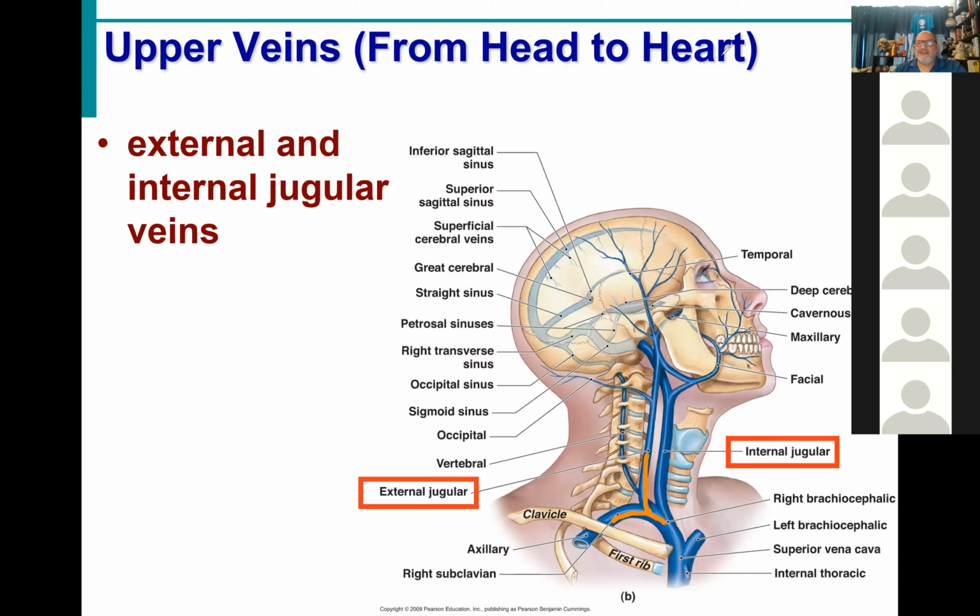And notice the internal jugular and the subclavian come together. And when they fuse and come together, they form a brand new blood vessel. And what is that brand new blood vessel that is formed by the internal jugular and the subclavian coming together?